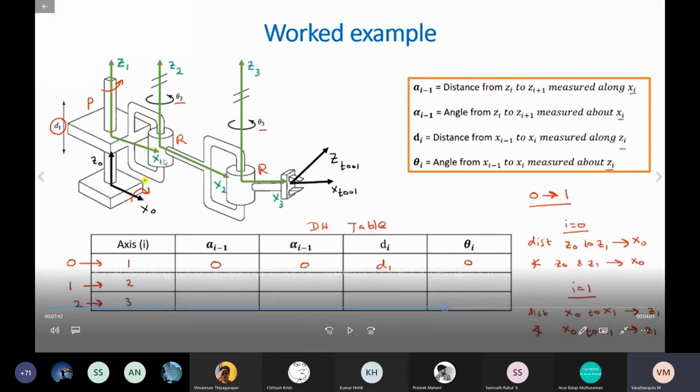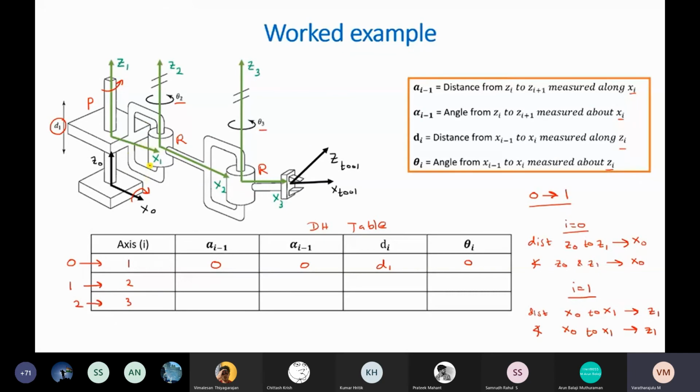It doesn't have any rotational transformation. Yes, tell me what happened. Pointing in the same direction, so the angle would be 0. There would be no rotation around z1. Now let's look at frame 1 to 2.